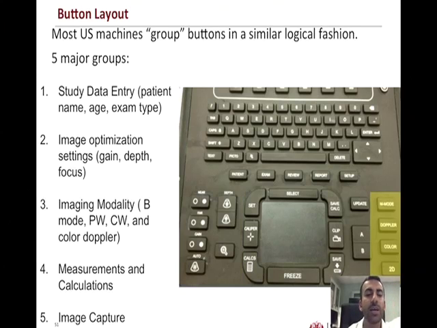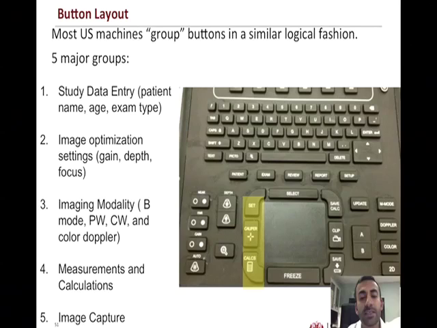Third, the actual ultrasound modality that you're trying to use, whether it's B mode or traditional 2D ultrasound, pulse wave or continuous wave, which we'll talk about as this section goes on, or color Doppler, those modes should all be grouped in the same area as well. Number 4 is related to doing measurements and calculations on the ultrasound image itself.